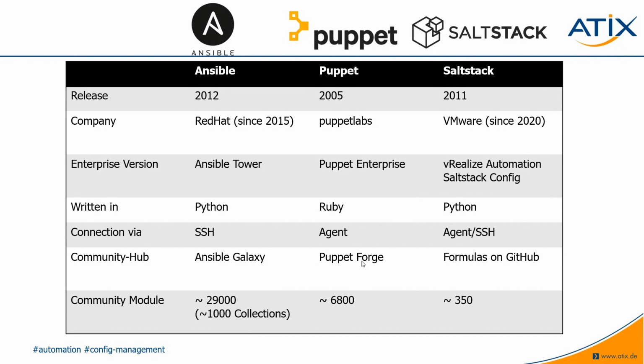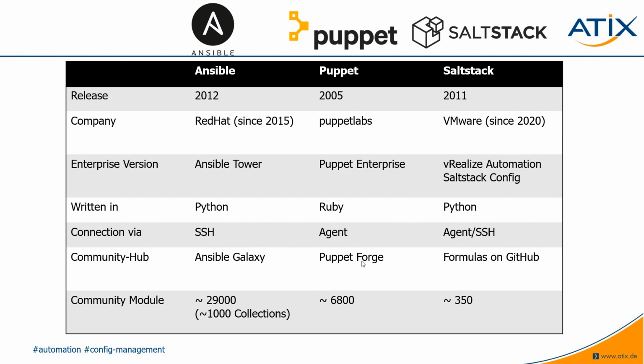And with SaltStack, the great thing is you can have both. SaltStack has an agent, which is in this case called Minion. And the Minion works very similar to a Puppet agent. So you can run it periodically, and the server itself asks a master system how it should be configured, and applies every change.